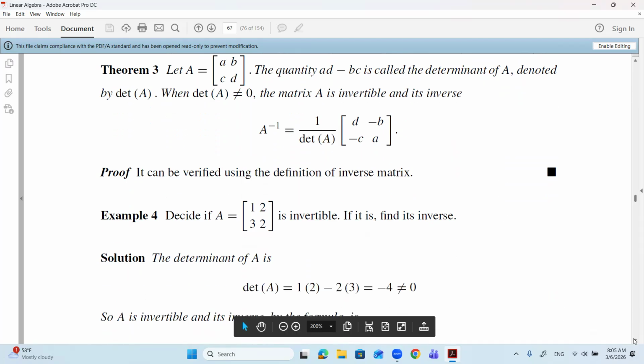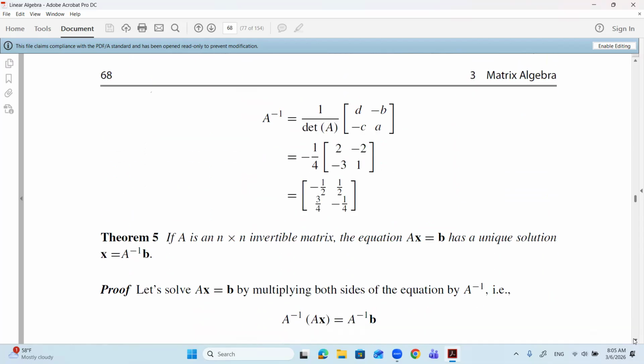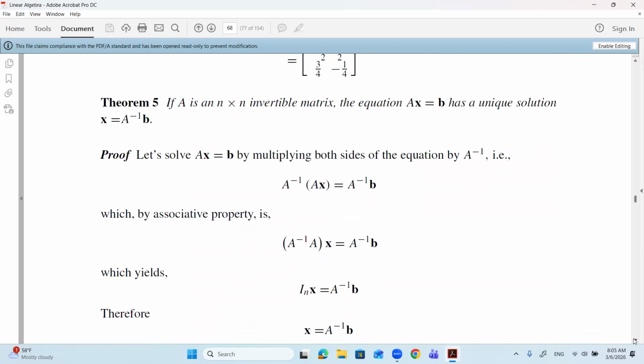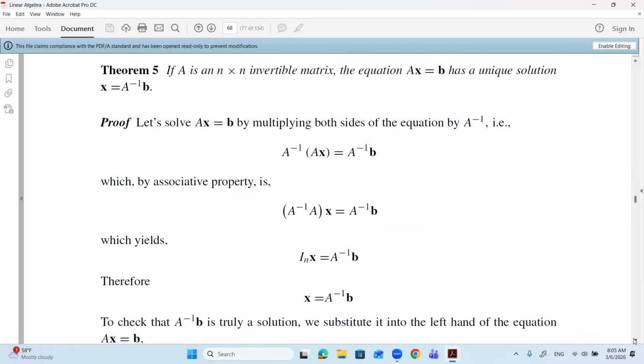So that is on a very small matrix, which is 2 by 2. Then we have some quick understanding of the inverse and how to use it to find a unique solution of a linear system. This idea of using the inverse for the solution of a system is still true for a general n by n system.